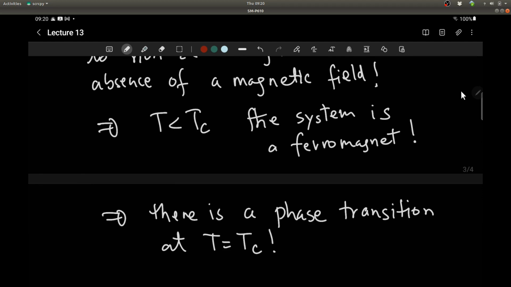Okay, is this conclusion clear? Hello, somebody please respond. Am I connected? Okay, good, good.